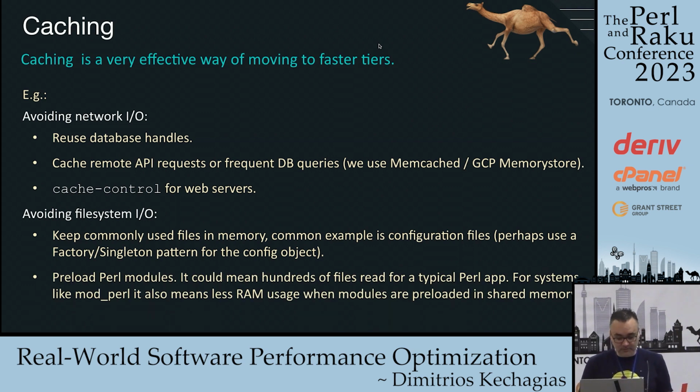You can preload Perl modules because if we load our app from scratch, with all the modules, it might take over a second to start, like 2 seconds. So you preload it. We use mod_perl, so you can do preload there, and it also shares the RAM because it loads in shared memory. So you save RAM as well.